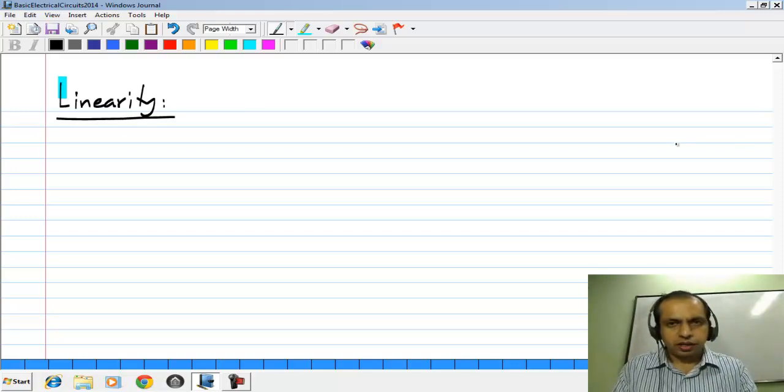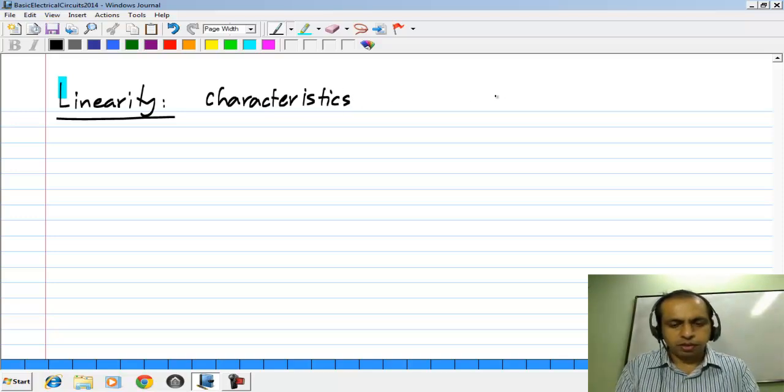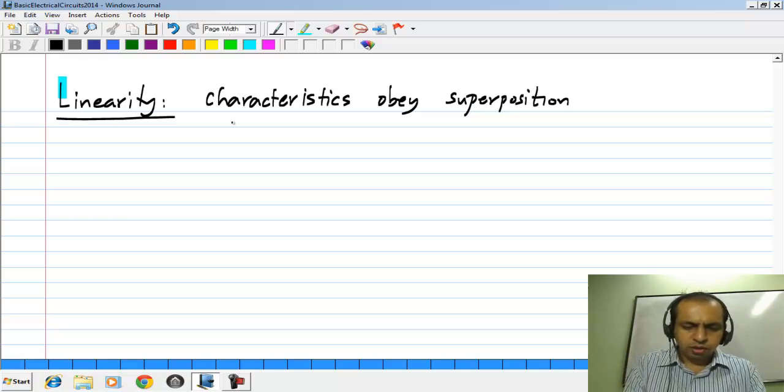Now what does linearity mean? This basically means that the characteristics of an element which is linear obey superposition. And what does this mean?